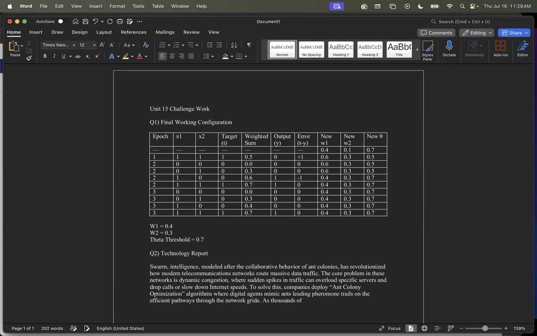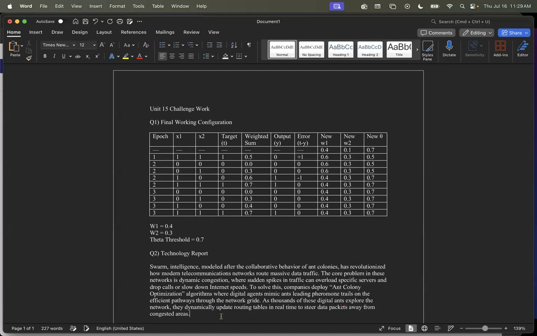As thousands of these digital ants explore the network, they dynamically update routing tables in real time to steer data packets away from congested areas.